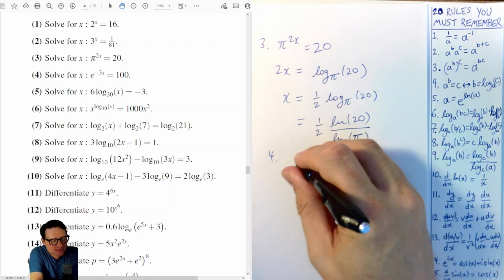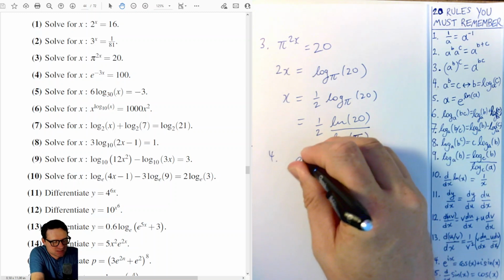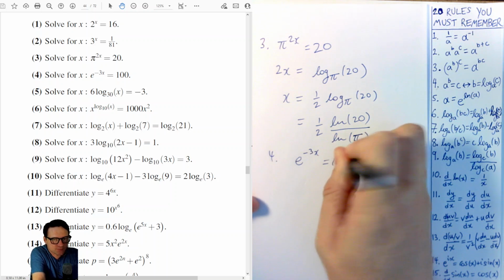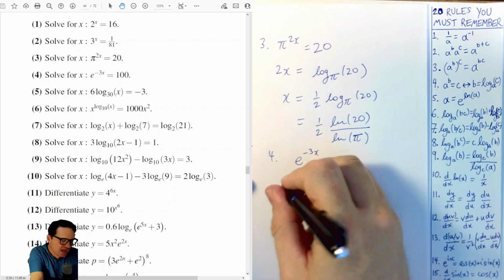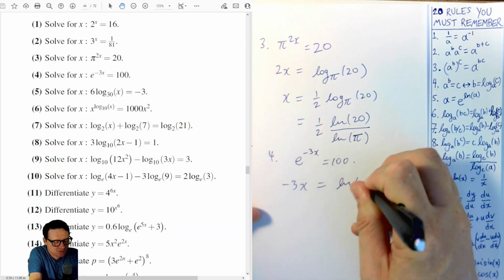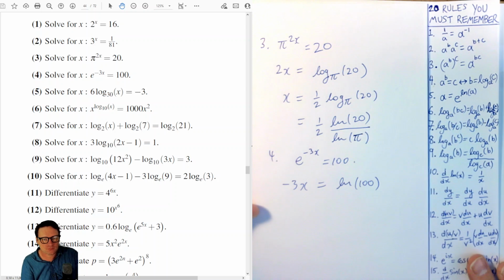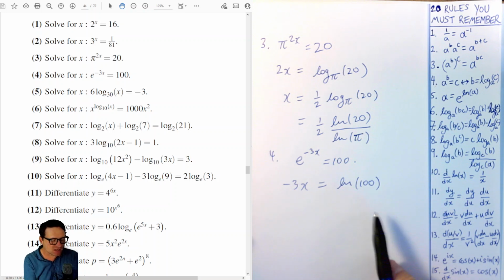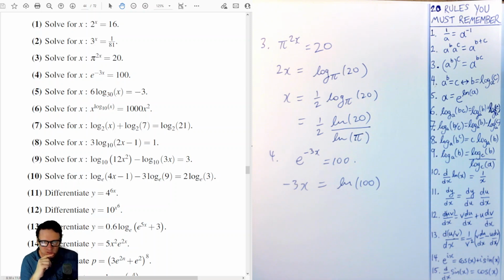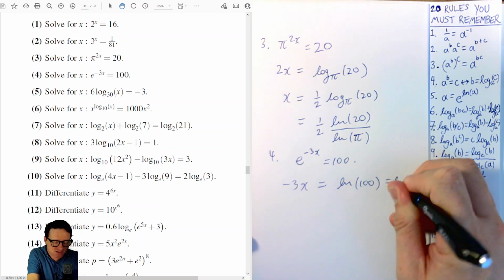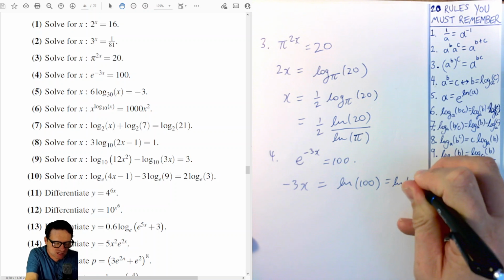So in question 4, it says solve for x, where we have e to the power of minus 3x is 100. Okay, so we have minus 3x is the natural log of 100. So if we divide throughout by minus 3, we have our x, but we can tidy this right-hand side up a little bit because 100 is 10 squared, so we have natural log of 10 to the power of 2.